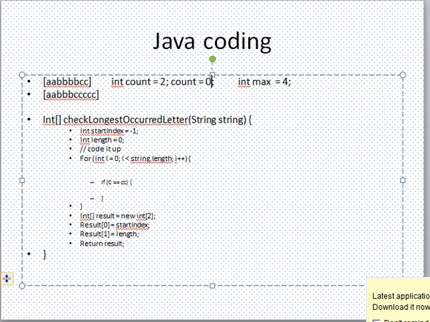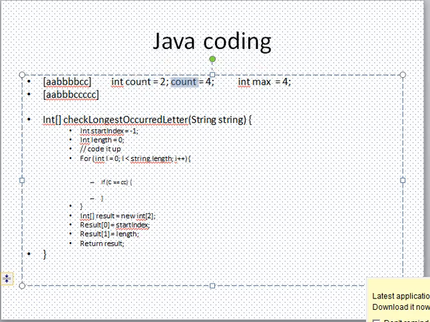Then we carry on until B finishes, and B should be counted 4 times. When C comes, it resets the count back to 0. Also, because we want to capture the longest length, we create an integer max.